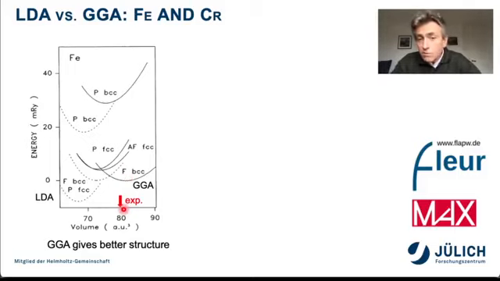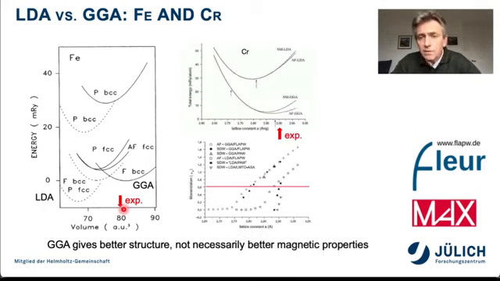And this is also true for chromium, but in chromium we observe that, for example, the magnetic properties are not so well reproduced. We find the equilibrium volume here actually quite close to the experimental one. We see that GGA predicts chromium to be antiferromagnetic. This is also okay. In LDA, chromium was non-magnetic with a too small volume.